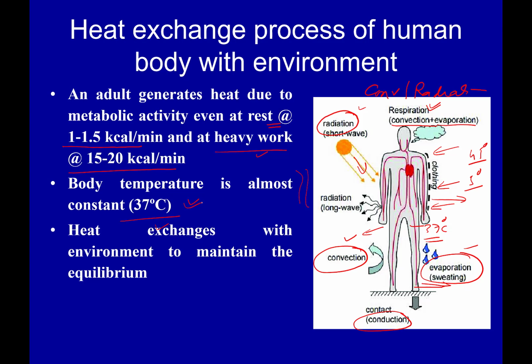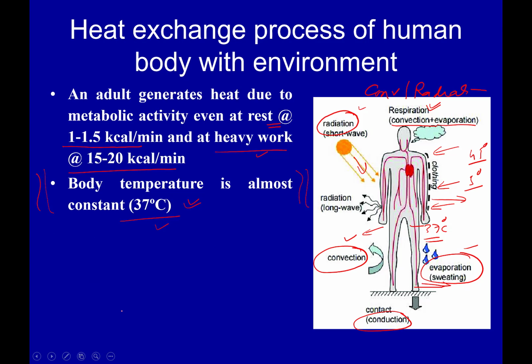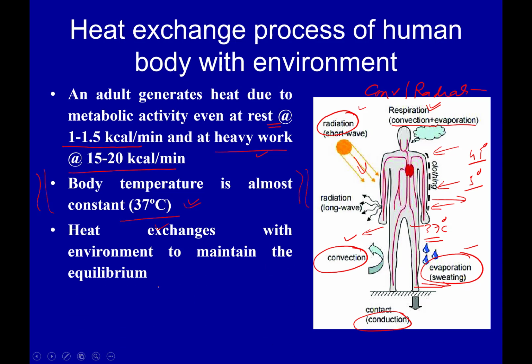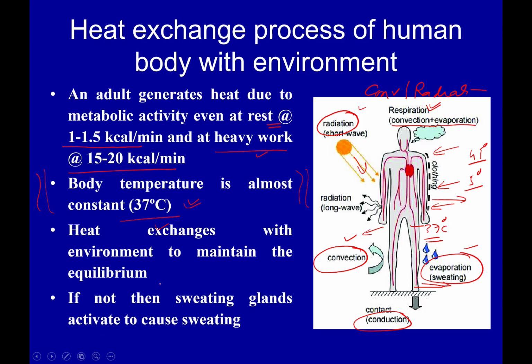Because you can have very hostile, harsh, low temperature conditions or very high temperature conditions. In both cases, there will be some kind of exchange of heat from the body to the surrounding or from the surrounding to the body, so that the body temperature is maintained. If it is not so, then the body will start behaving in a very erratic, undesirable way, okay.